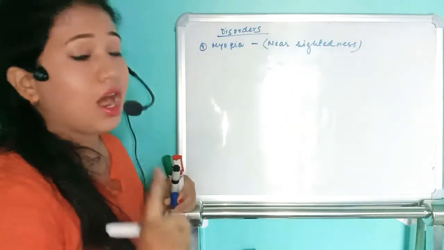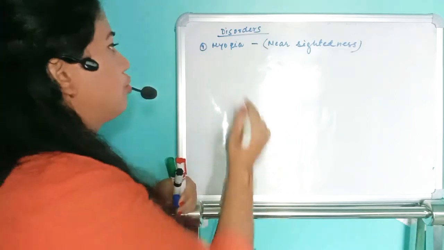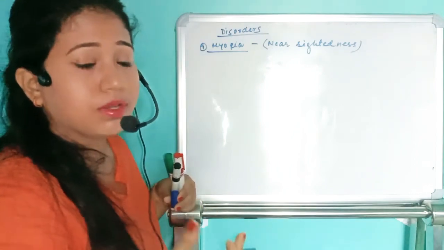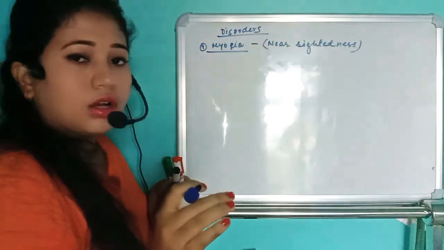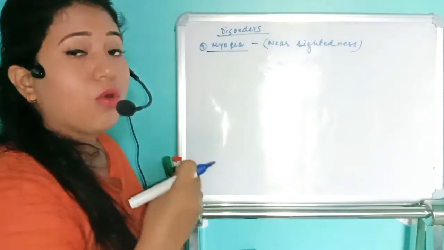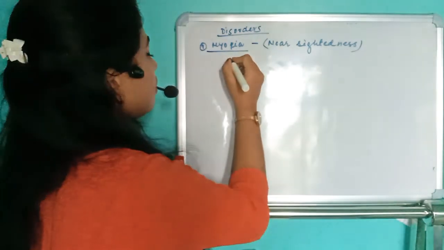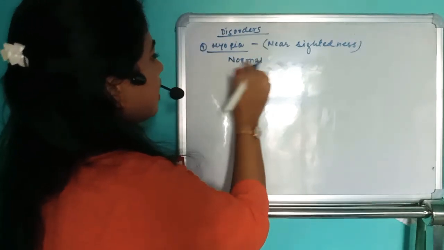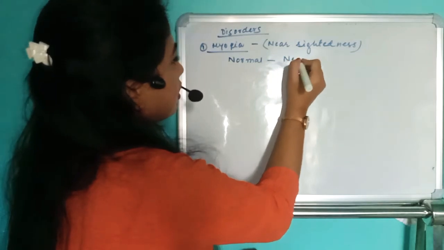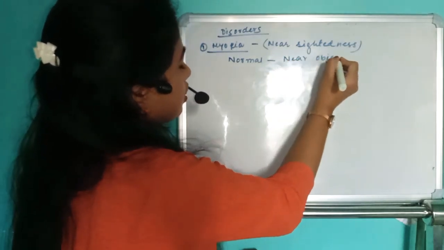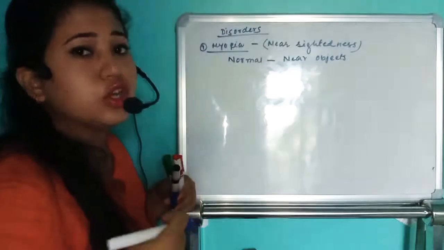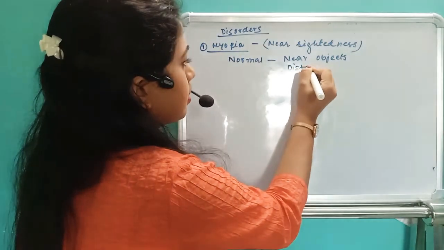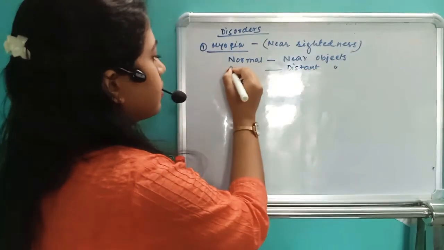See, there is something very important you need to know. We know that some people are myopic. Individuals who are myopic can see near objects normally, but if it is distant objects, they get blurred.